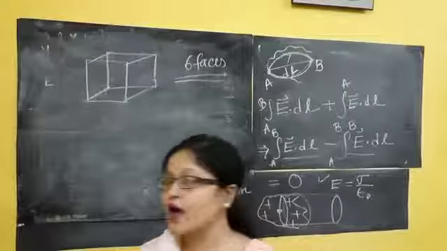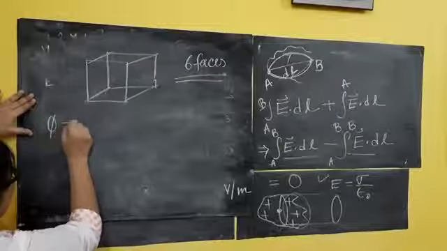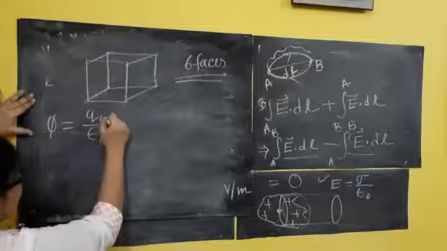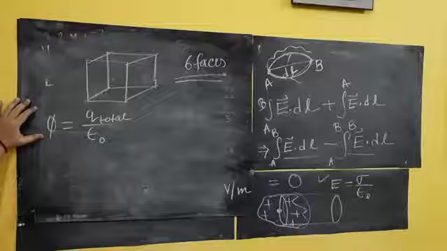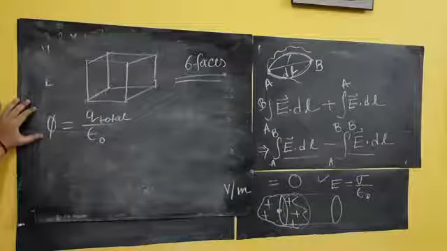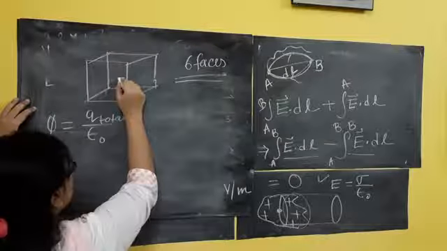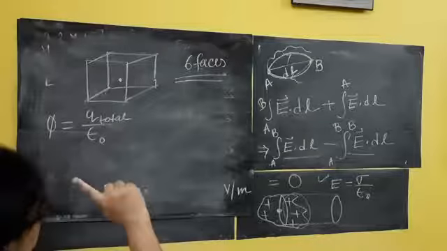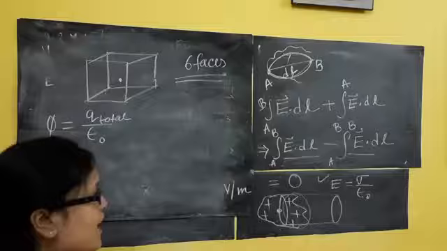We know electric flux phi always equal to Q total by epsilon 0. So the total charge enclosed within the cube by epsilon 0. No confusion. Now if the charge is placed at the center of the cube, at the mid center, my answer will be, the flux will be Q by epsilon 0.